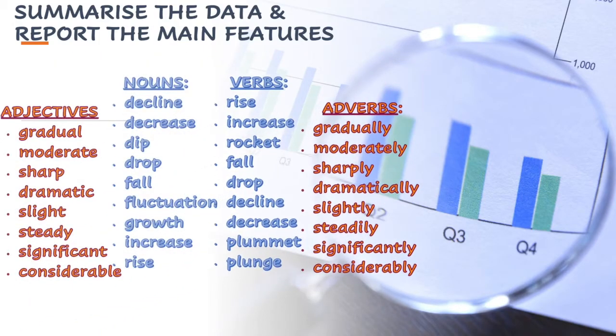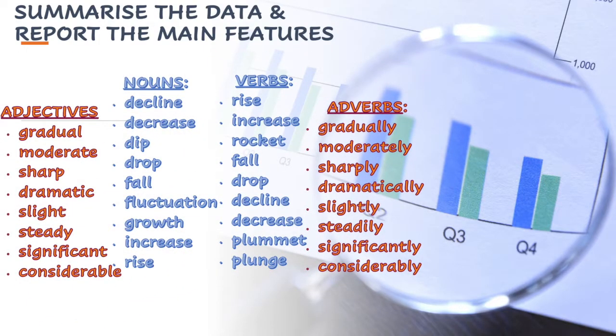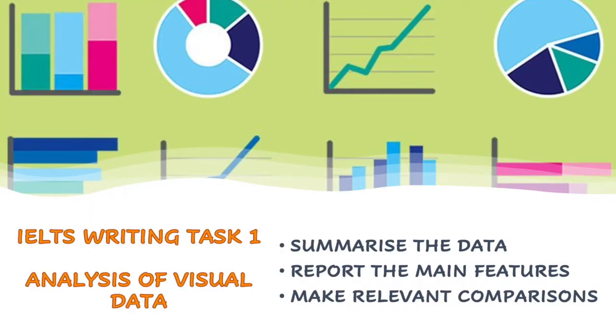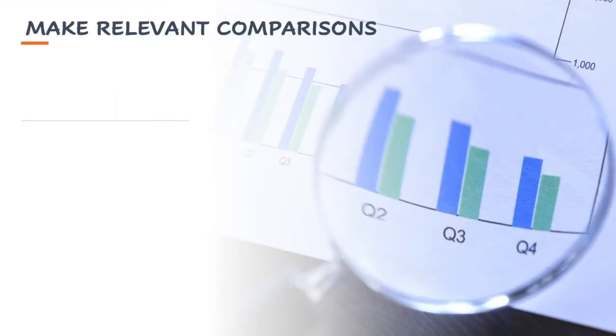Right, now this is very useful language for summarizing the data and reporting the main features, but you do remember that there is another task you have there, which is to make relevant comparisons. Do not ignore it. So I'm going to highlight some key words that would signal to the examiner that you're doing exactly that. You're comparing.